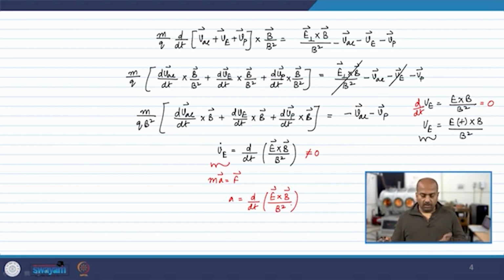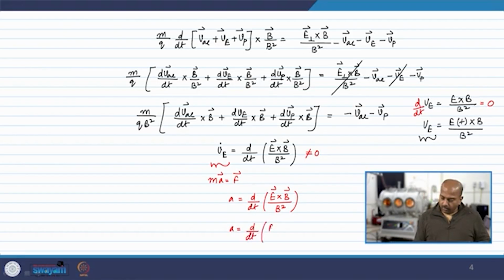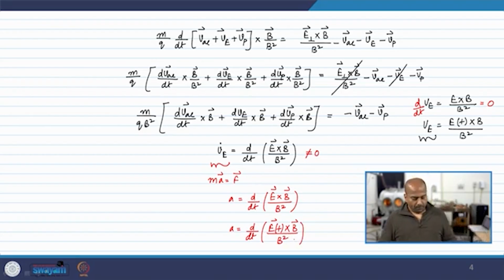It is more appropriate to write the acceleration as d by dt of E of t cross B by B square. Then we will use the formula we know, F equals ma.